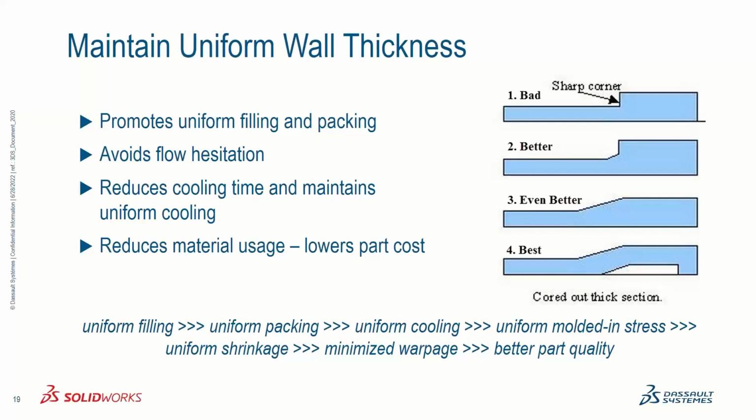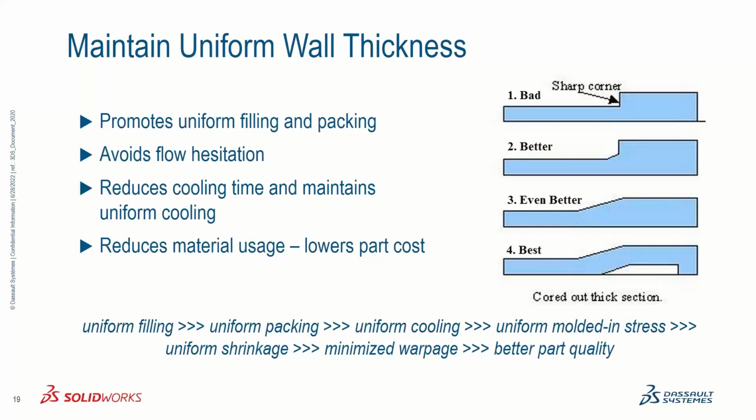Maintaining uniform wall thickness will also help you avoid a phenomenon called flow hesitation. When Lotfi gets to his part, he will show you an example of what flow hesitation looks like in the simulation, and the things that you can do to solve that problem.